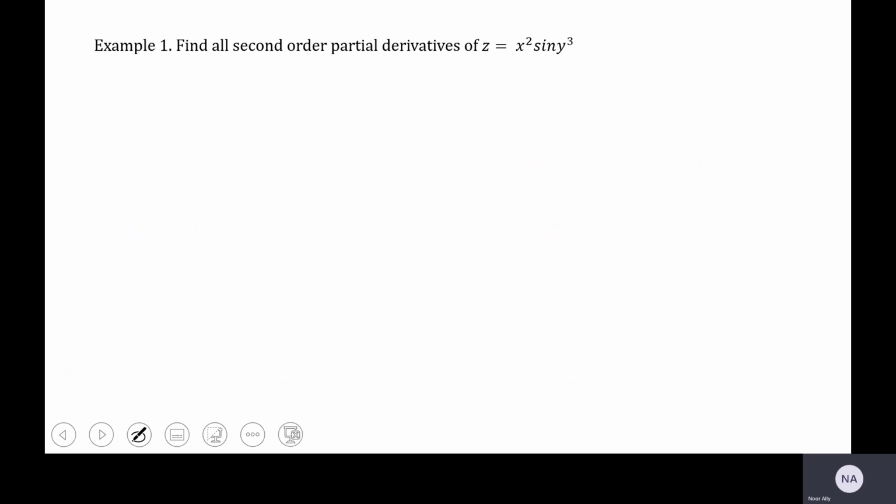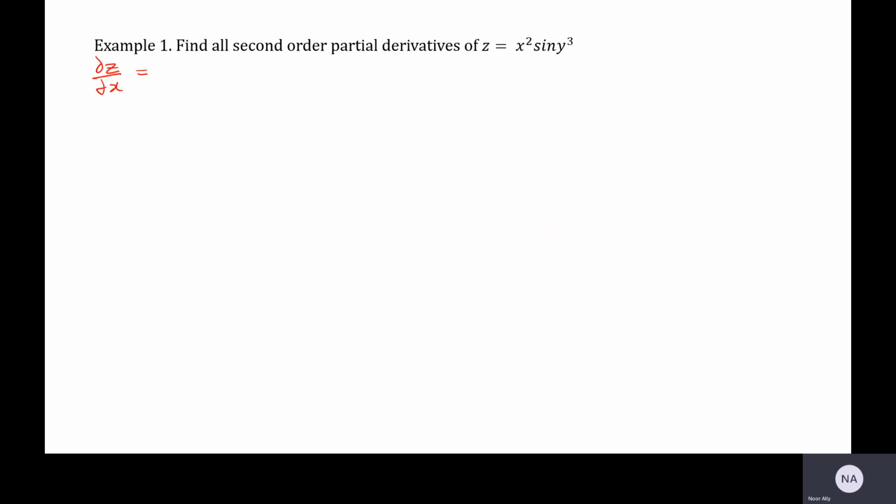Now let's look at an example per se. We are going to find all second order partial derivatives of z equal to x squared sine of y cubed. So let's go ahead. Partial dz dx. So I must look at partial dz dx.